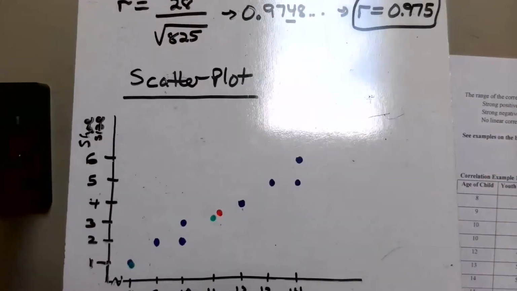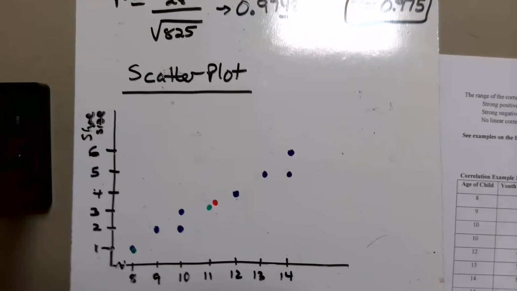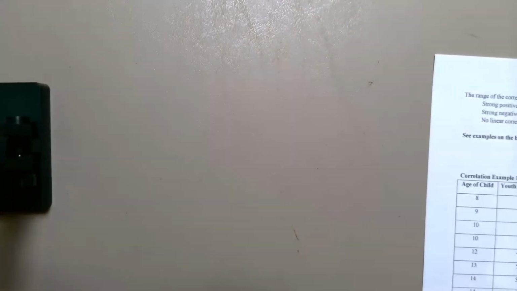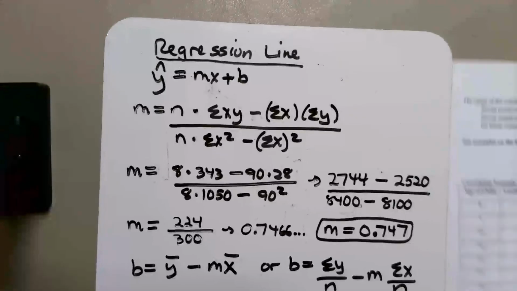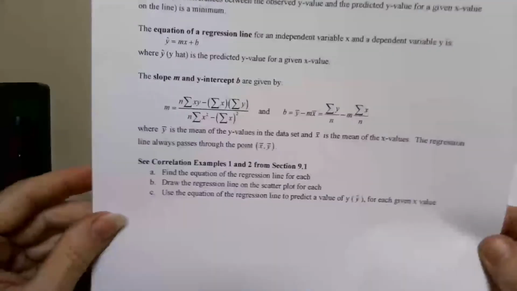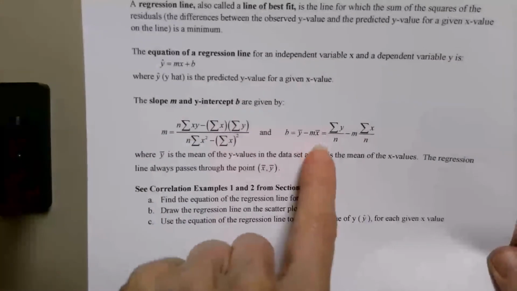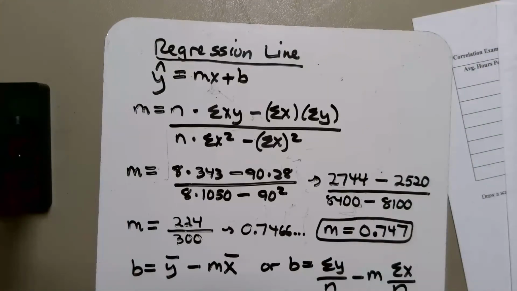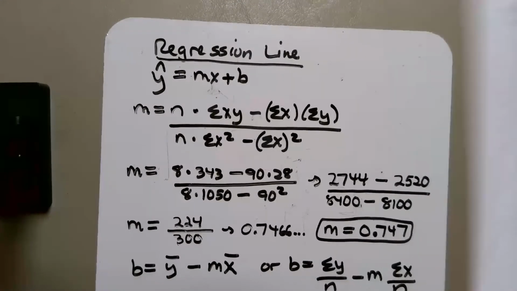So now going to the next bit of this example, we're going to calculate the regression line, which is what we did in section 9.2. Again, I'm going to my chapter 9 formulas, given in the chapter 9 formulas page, for m and b. And we're going to use those formulas to calculate our regression line.